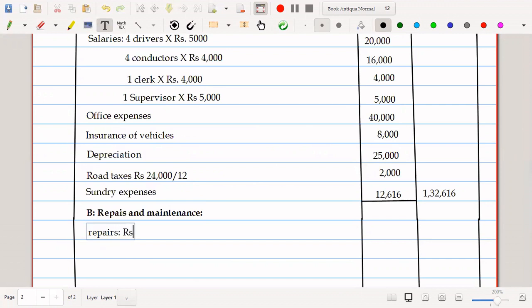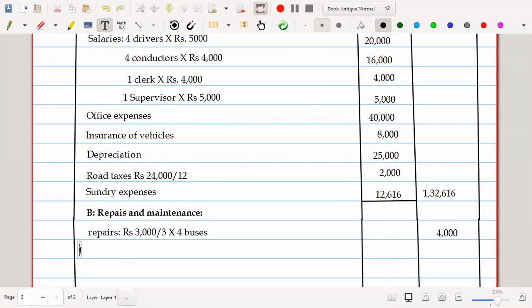Rupees 3,000 per quarter means we have to divide it by 3 into 4 buses. It comes to rupees 4,000. Because there's only one item here, we'll take it directly: 4,000.